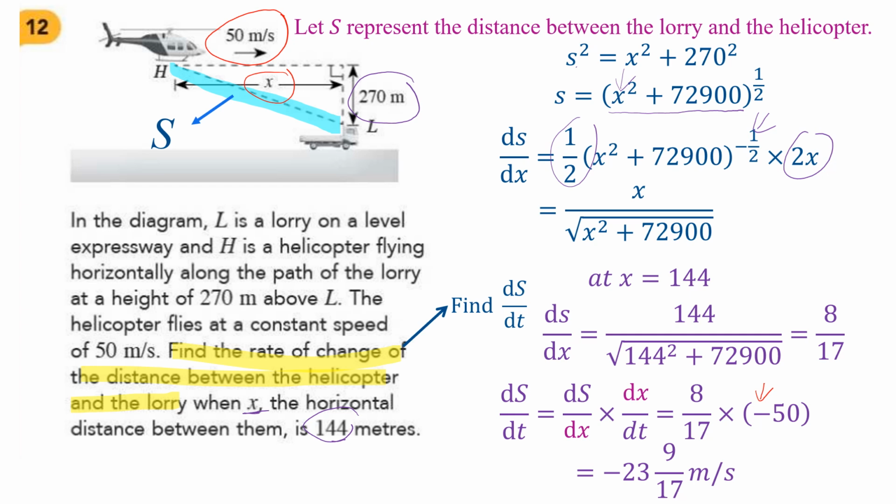Because the speed of the helicopter is faster than your lorry. So sooner or later, your helicopter will overtake your lorry. So therefore, the rate of change of the distance, the HL, is decreasing. So that explains why there's a negative sign there.